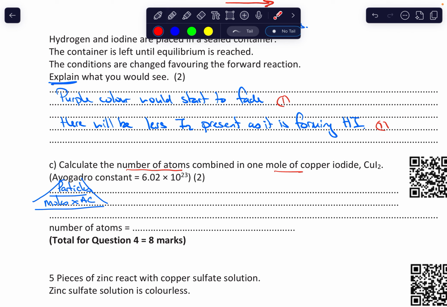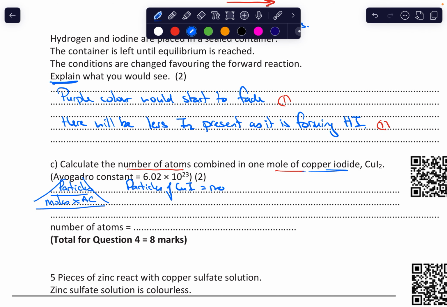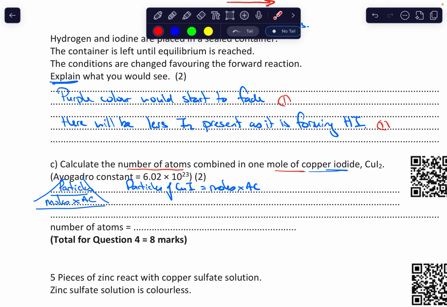Let's work out the amount of copper iodide inside this sample. So to do that, we want to work out the number of particles of the copper iodide. And to do that, according to this triangle, we will do moles times Avogadro's constant.